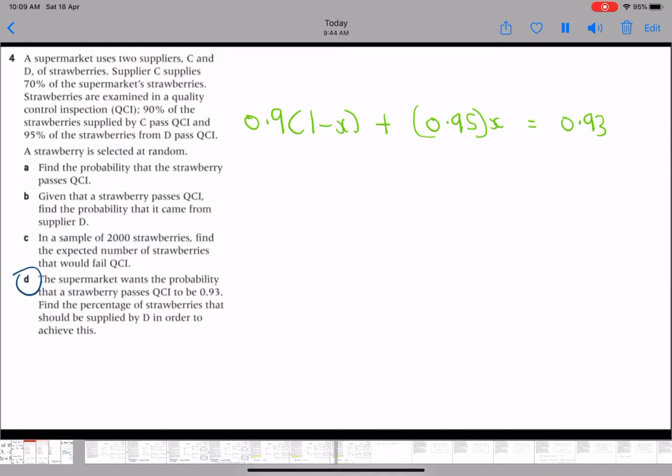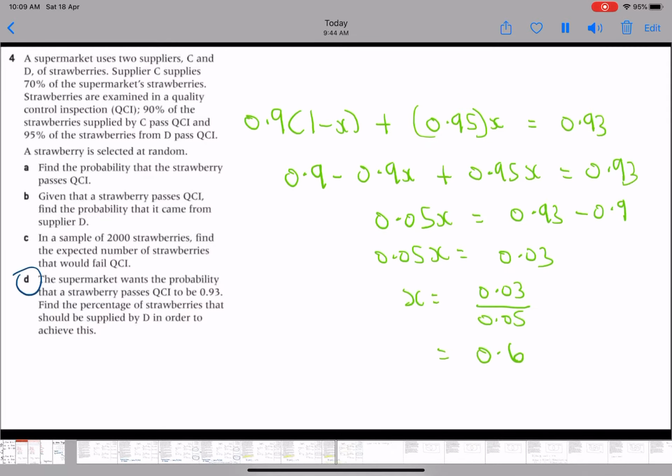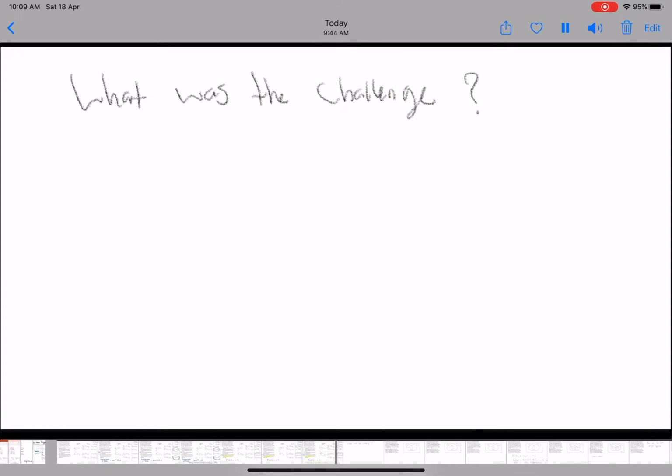So this is a simple algebra. It should come to mind that we should expand. Be careful of negative and everything. And your answer should be 0.6. So what this means is the probability that it comes from D is 0.6, but the question asks for percentage, so I just times 100. So 60% should come from D. Now what was the challenge?